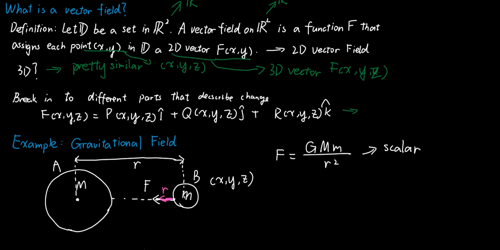So the unit vector of the directional vector will become minus r over the magnitude of r. r is the directional vector, and this becomes the unit vector of the directional vector. And there's a minus sign because the directional vector points to the origin. In this case, force becomes this one.